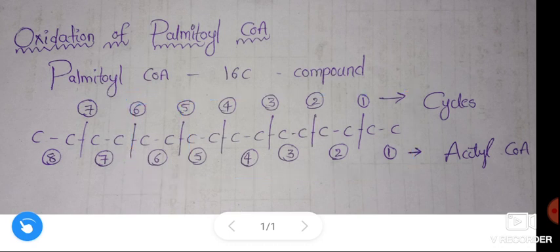But after the 6th cycle, 4 carbons remain here. Only one cycle is required to break these 4 carbons into 2 acetyl-CoA.